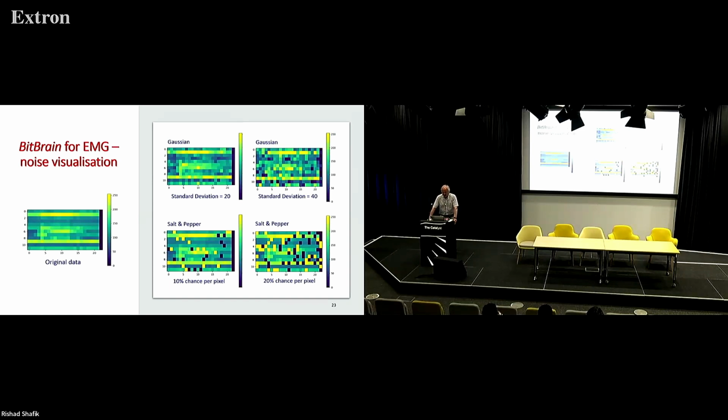So the standard deviation of 20, that's order 10% of the signal level, and 40 is 20%. And the other sort of noise we use is salt and pepper noise, where individual pixels in the image are turned to effectively zero, black or white, with a certain probability. And so you get a feeling for how much corruption the noise represents added to the data.